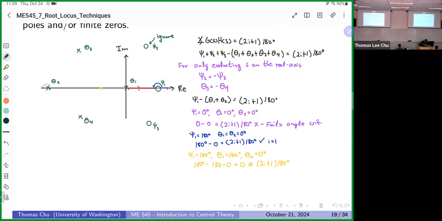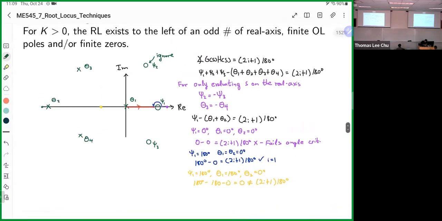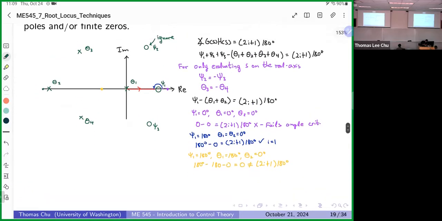Now, if we were to pick this point here to the left of this pole, you can probably see the pattern now. Psi 1 is equal to theta 1, which is equal to theta 2, which is equal to 180 degrees. We get 180 minus 360 degrees, which is equal to minus 180 degrees, which works for i equal to minus 1.